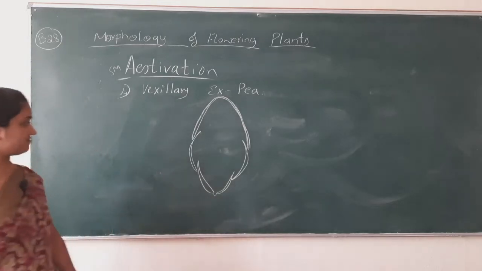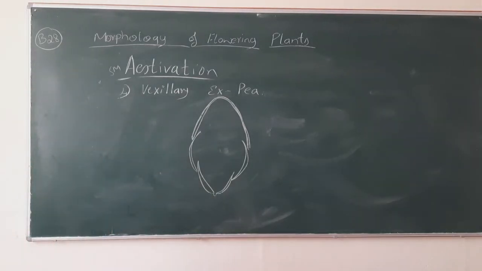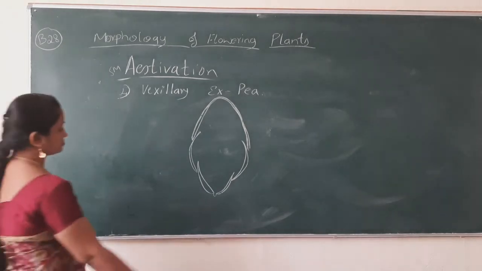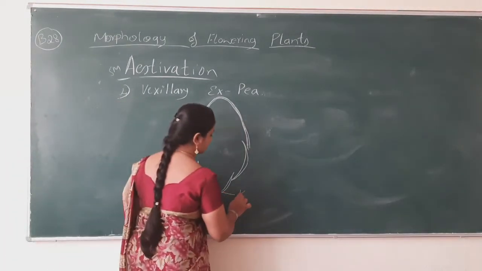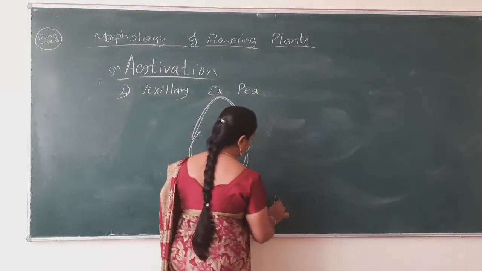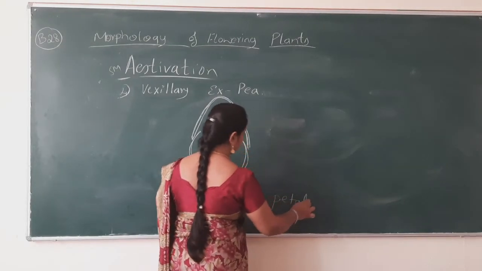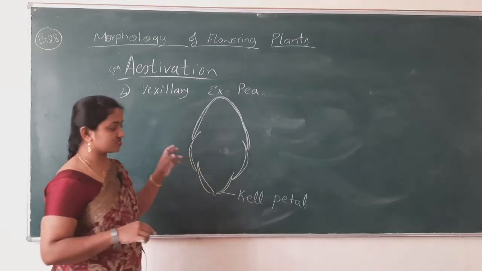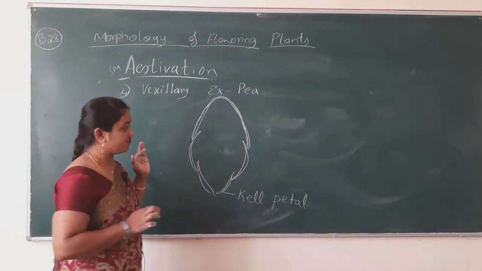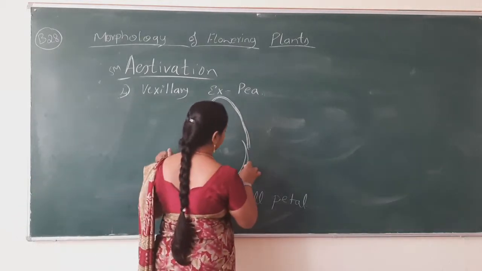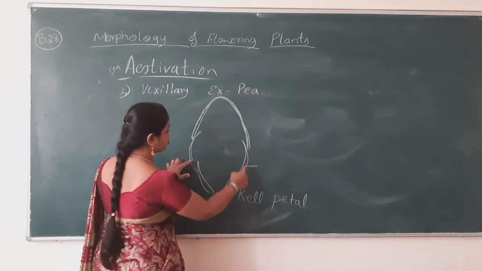So we have one more type of estivation here. This is known as keel petal. You have to say this is the arrangement of corolla.